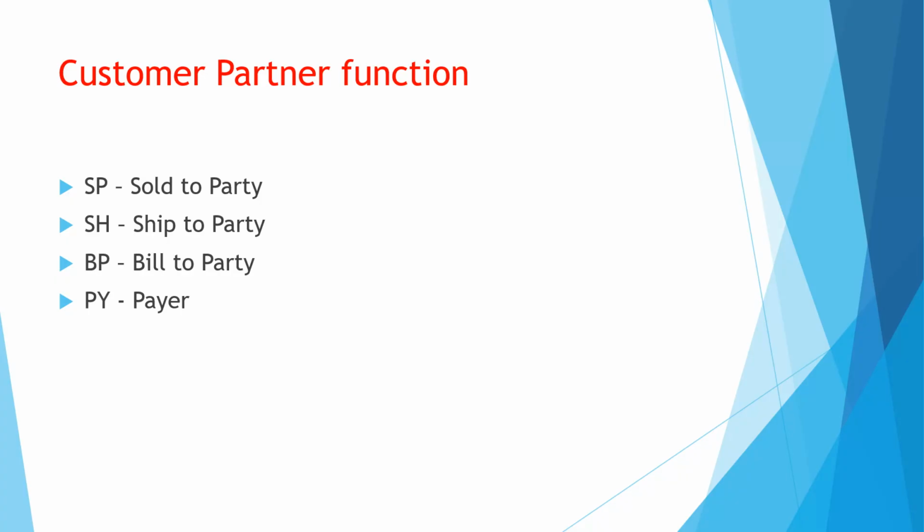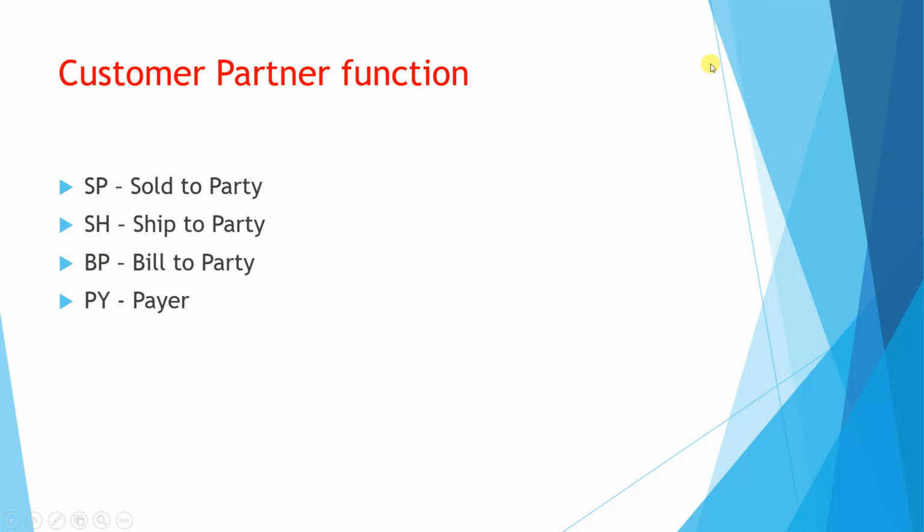You are the payer, paying the money, and the company will raise an invoice in your name, so you are the bill to party as well. Okay, I think you understand this. So these are the very important partner functions we have, that is 4 partner functions: SP, SH, BP, and payer.